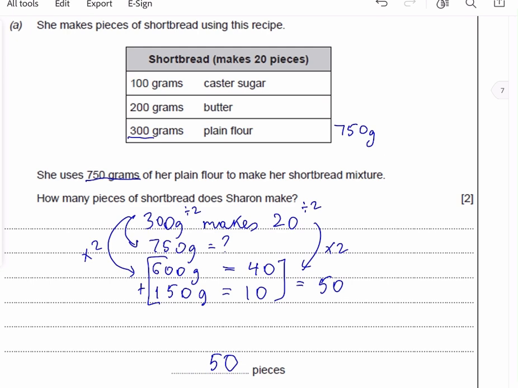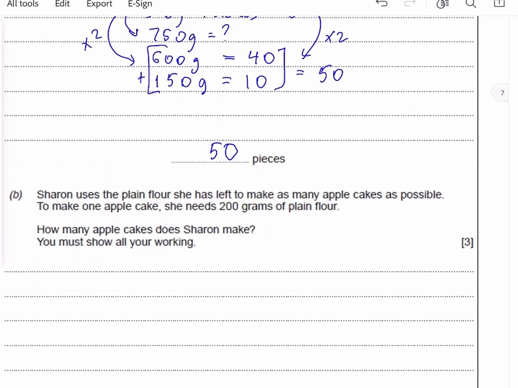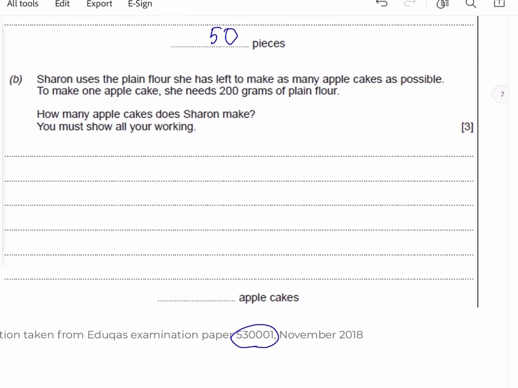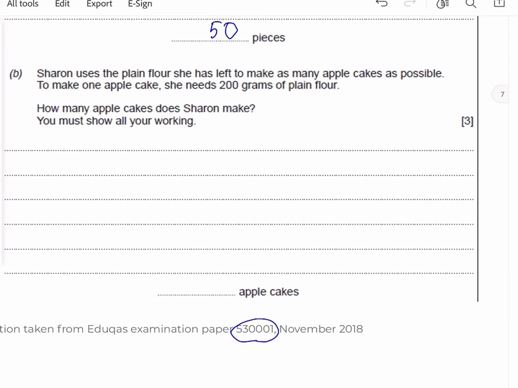So whatever you do to one side, you do the same to the other. You multiply here, and you make up that 50 pieces. So they are in direct proportion. Both sides increase in the same way or decrease in the same way.